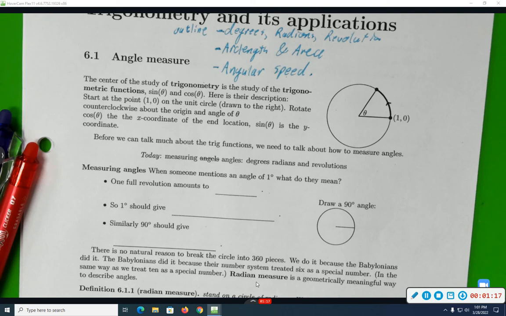So someone's going to tell you how far to walk, and you'll just walk around in a circle until you cover that much distance. There is some distance theta. You'll land at some point x, y.